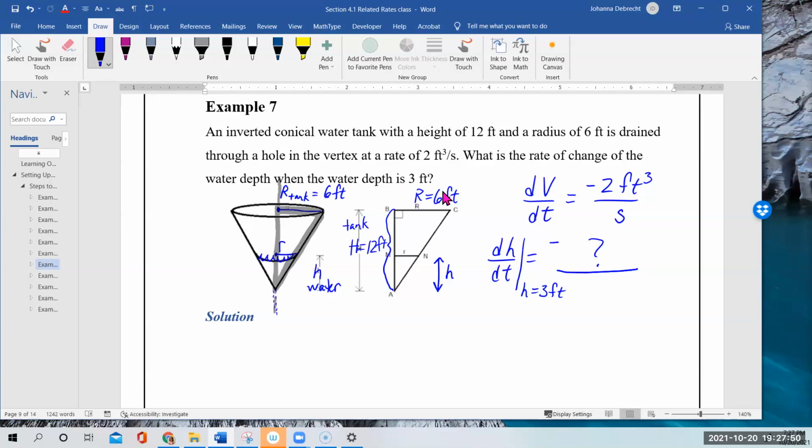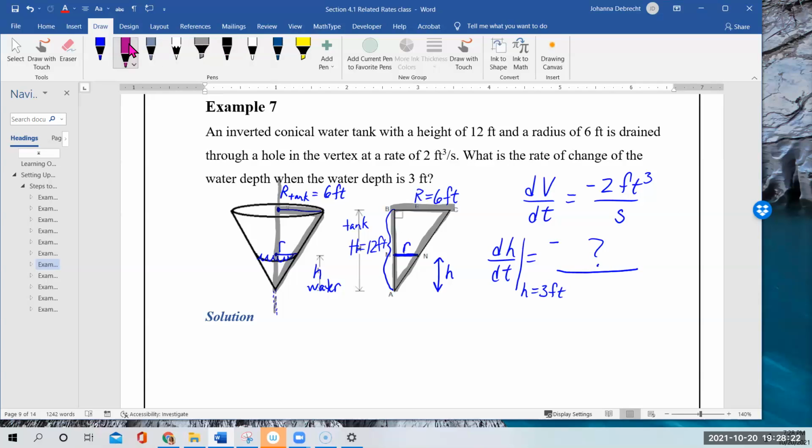We also need to measure the radius of the water layer, which also changes. And that would be this small r value, which is right here. There are 2 triangles within this one triangle, and they are similar triangles. If we look at the outer triangle, you can see that we have the full height of the tank, the full radius of the tank, and the slanted side.